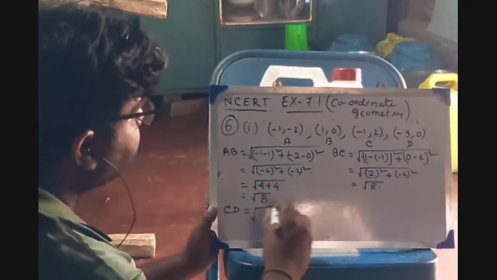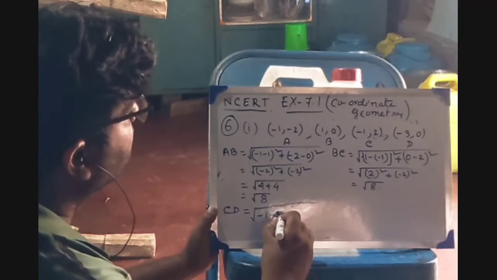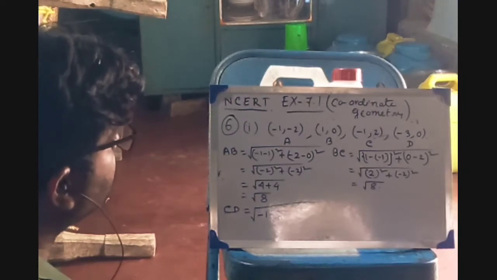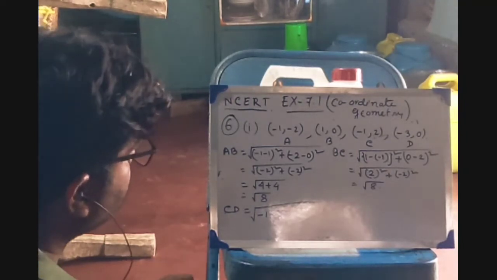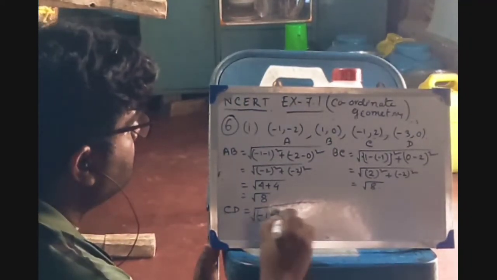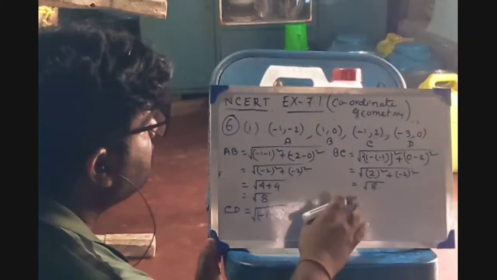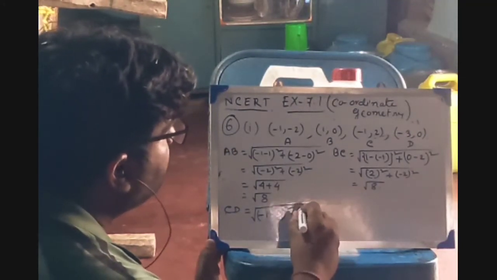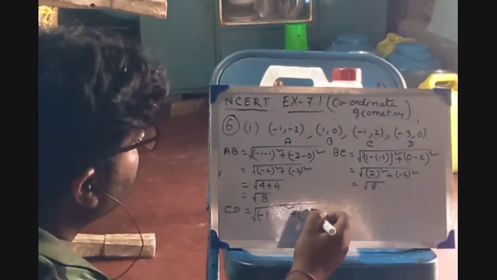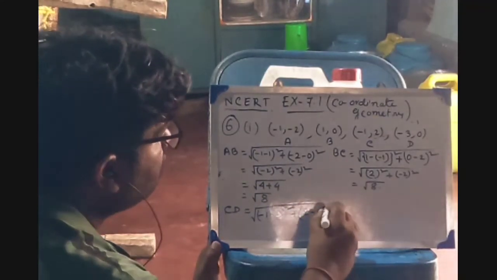CD equals root under of (minus 1 minus 3) whole square plus (2 minus 0) whole square.